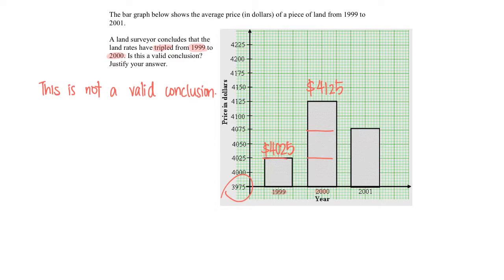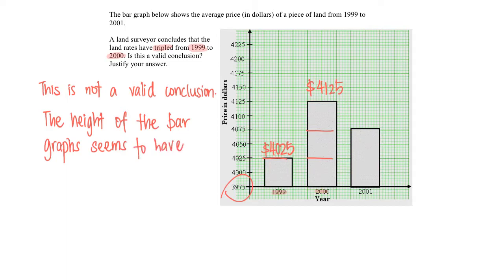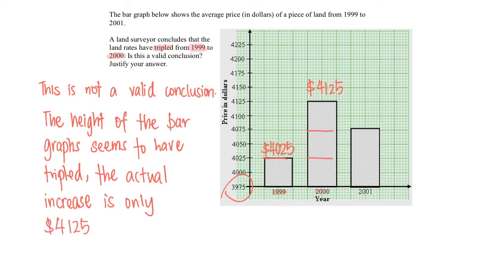So although the height of the bar graphs seems to have tripled, the actual increase is only 4125 minus 4025 equals $100 only, and not triple.